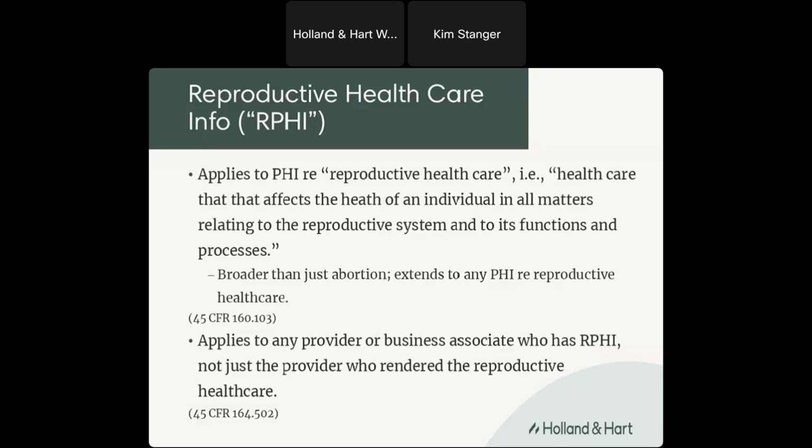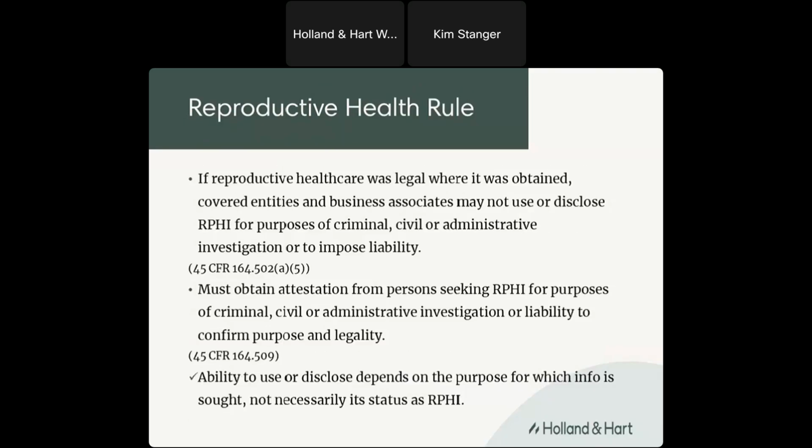It applies not only to the provider or business associate who engaged in that reproductive health care, but any healthcare provider or business associate who has that RPHI is potentially subject to this rule. What does the rule require?